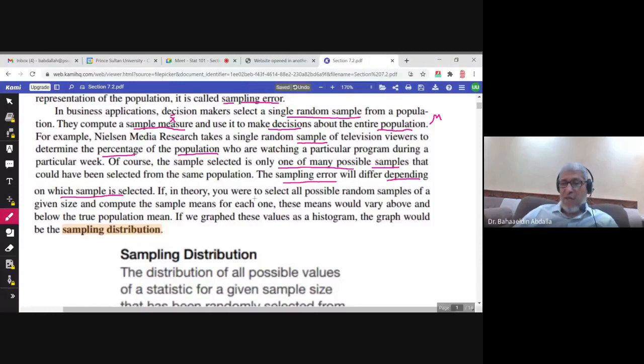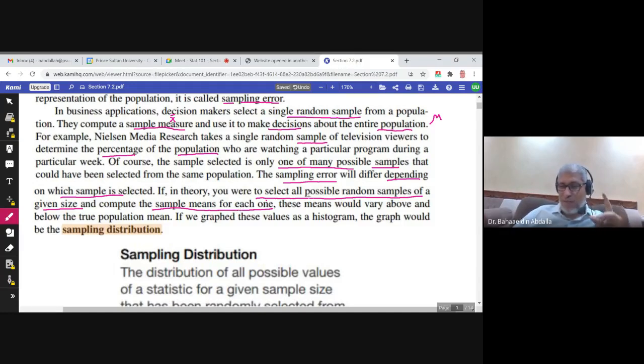If in theory you were to select all possible random samples, and this is what we need to discuss in this chapter, all possible random samples of a given size, say n equals 5, 6, 7, and compute the sample means for each one.